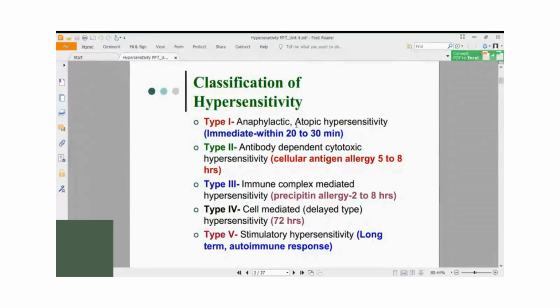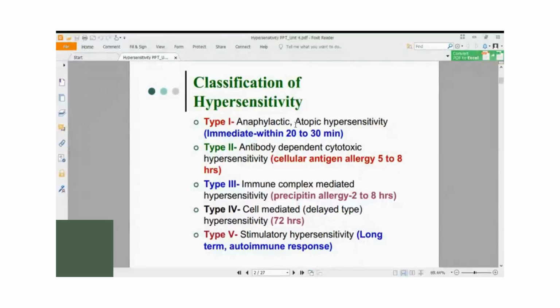And atopic hypersensitivity is in fact sometimes present in some families, and it may be like asthma. Asthma comes under type 1 hypersensitivity. And sometimes some people suffer from dermatitis, skin rashes, which is also atopic.